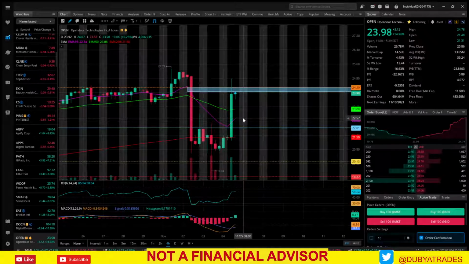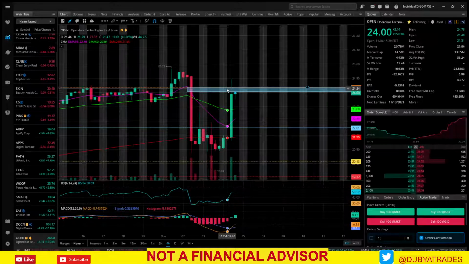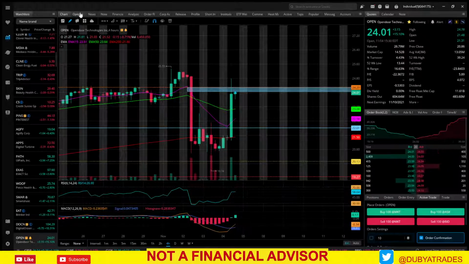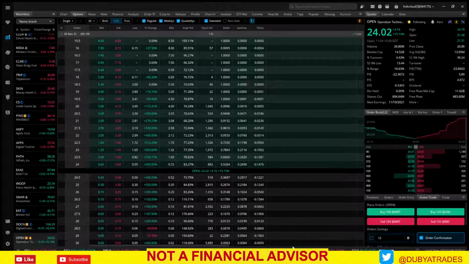I ended up not playing options on this when I played shares, and sure enough, it went from 22 to 24. Ended up making, I think it was like $100, $75, something like that on it. I should have played options on it. They did pretty good. I mean, look, even after, where did it open up at?